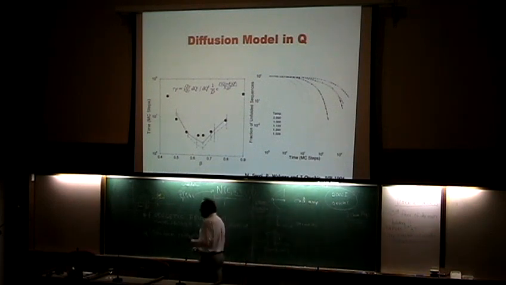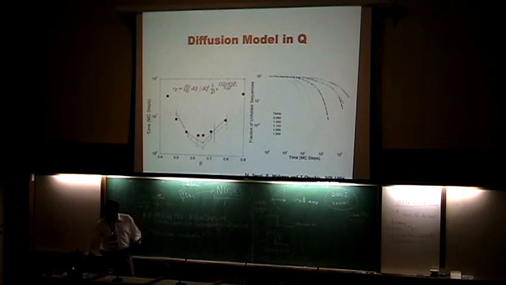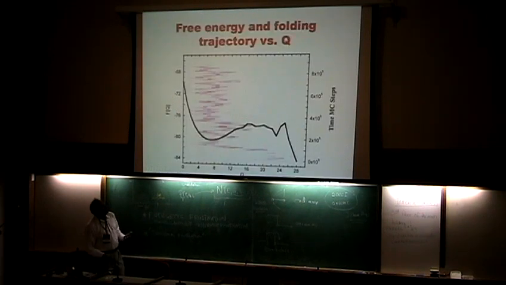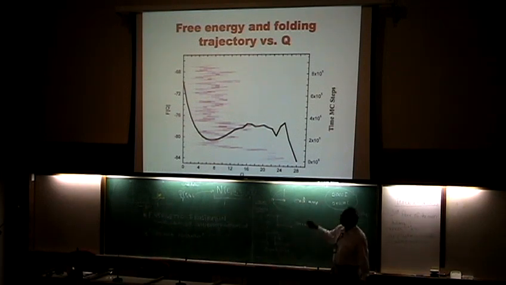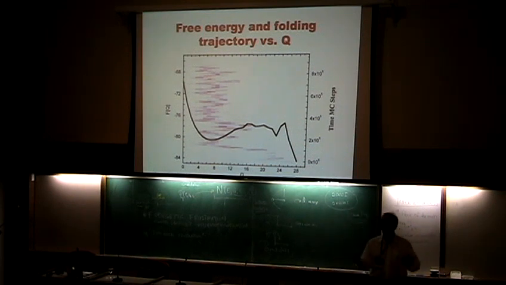But actually, Cicilline is the expert on that, so let her tell a little about it. The reason for that here is, when I did this free energy profile, and I come over this barrier here, when I do my integral, I'm assuming that every state on Q17 is able to go down to fully fold. And there are a few states for which that's not true. These reaction coordinates are not perfect.